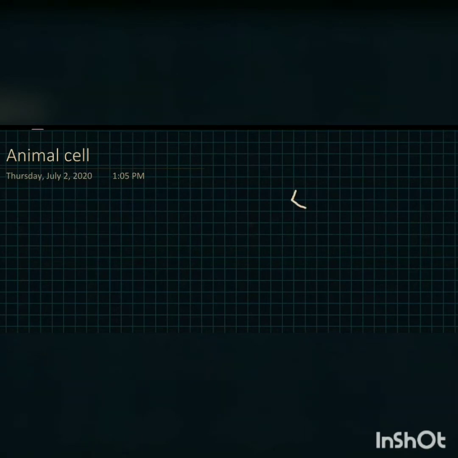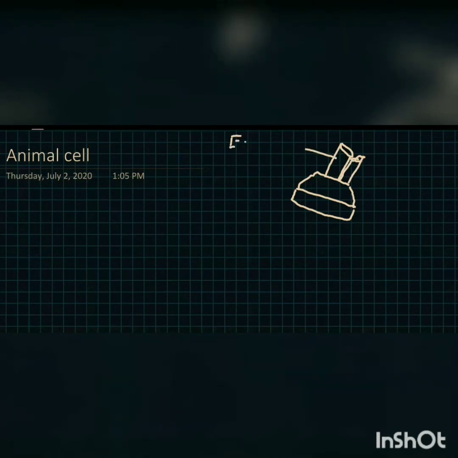This is a rounded body known as the nose piece, and it has one or two eyepieces attached with it here. These are the eyepieces. And this is the nose piece.